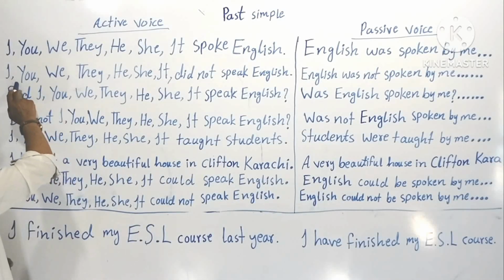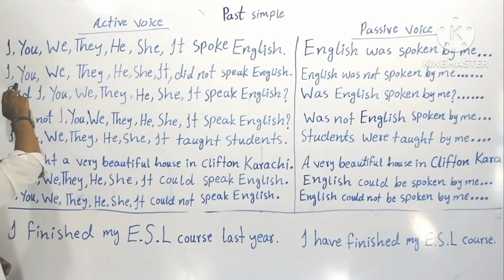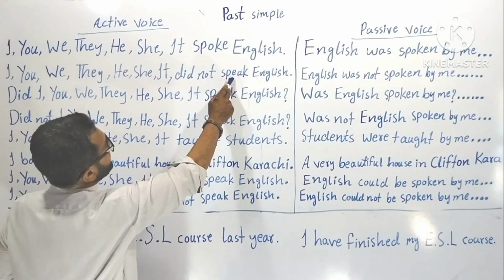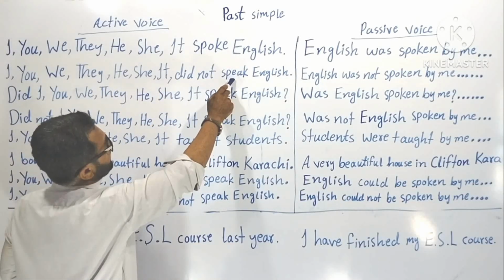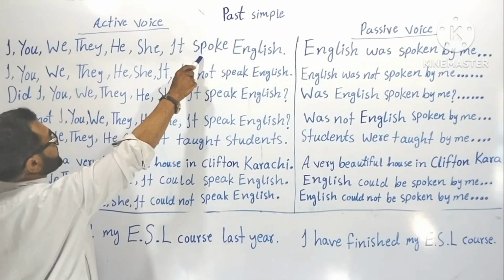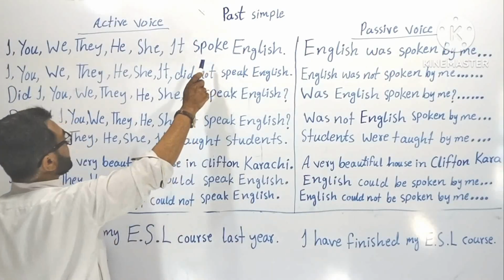Now look at the negative sentence of past simple, active voice, past simple, negative. I did not speak. Again, the first form of the verb can come in negative and interrogative sentences. Only in the positive sentence can you use the second form of the verb in past simple.